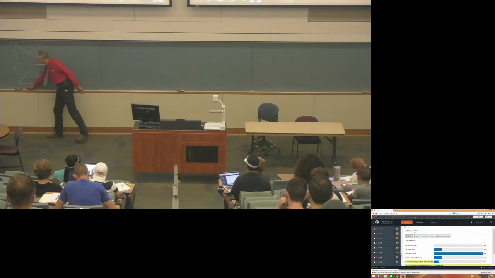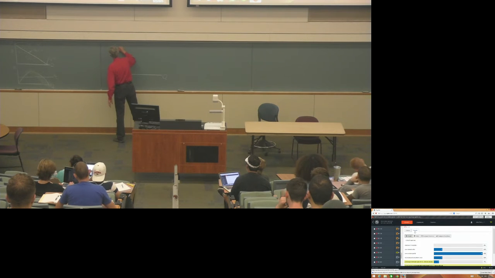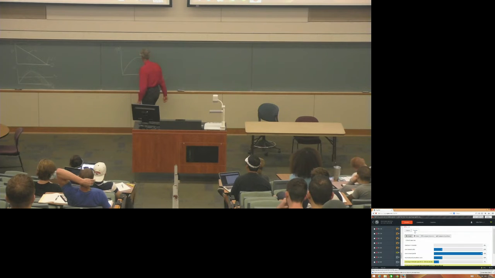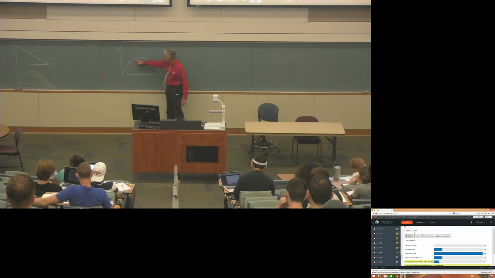Let me draw a better version of this, what it really looks like, with a little more symmetry there. Okay, that's a little more like it. As you get near the maximum, revenues are increasing very slowly as your quantity increases.